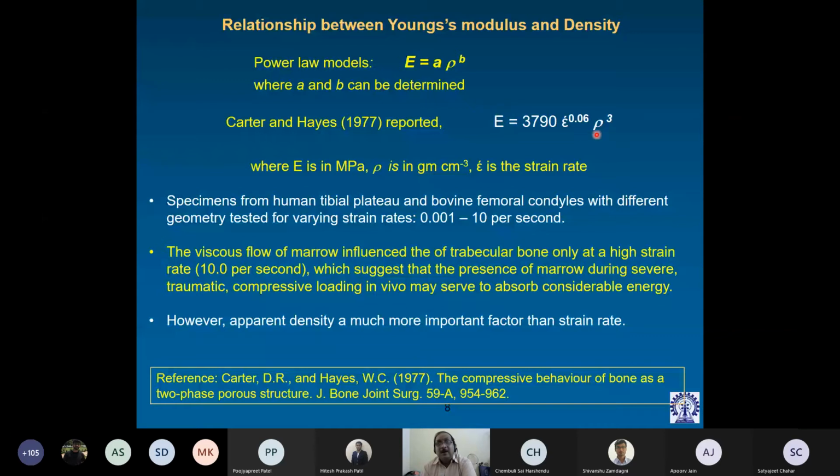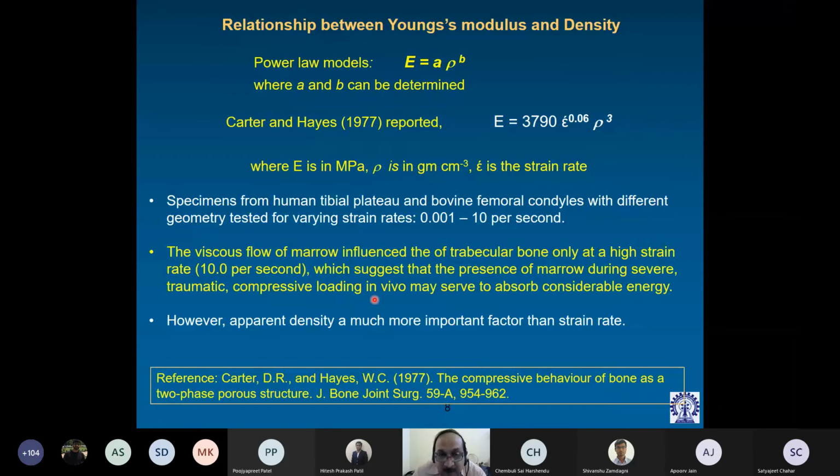But at a very high strain rate, say impact force, severe traumatic compressive loading, actually the spring dashpot system is activated and can absorb a considerable amount of energy and offers resistance, or more stiffness, to the bone structure.